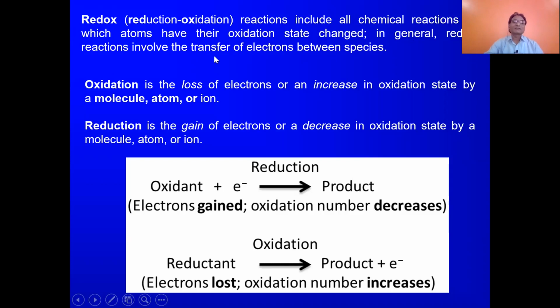It means the oxidation state of both the material as well as the electrode is going to change. If you are talking about the electrode, the electrode may lose electrons or it may gain electrons.